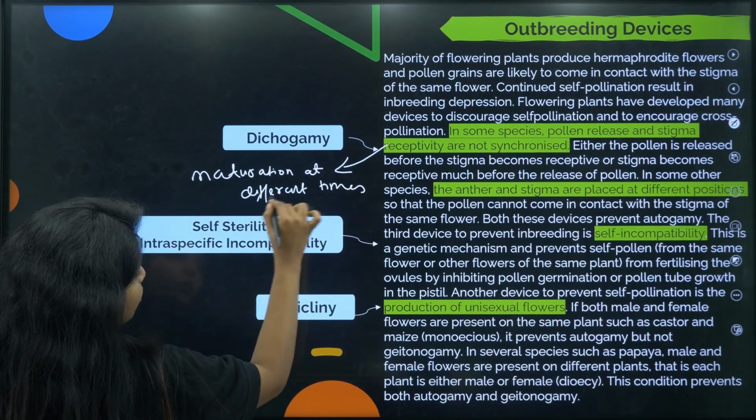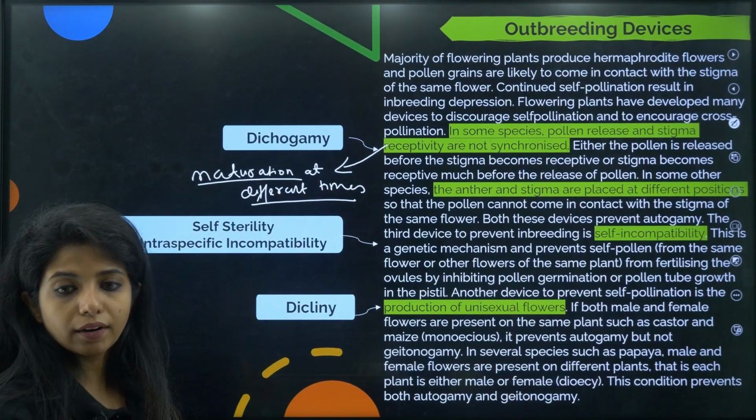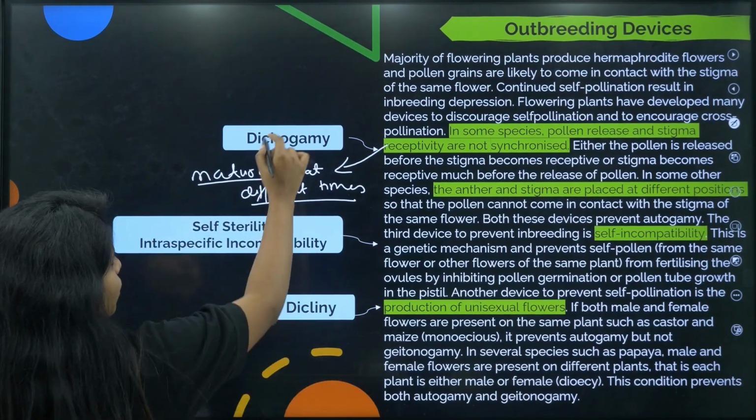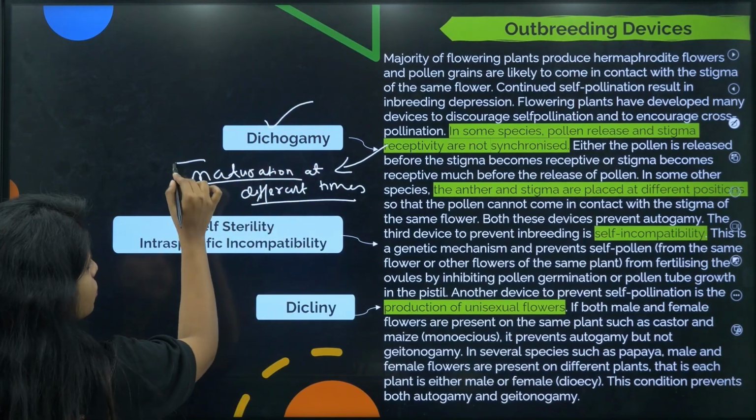This is known as dichogamy. I told you when the male part matures first, it is known as protandry, and if the female matures first, it is known as protogyny. Together you call it dichogamy. If you want to learn it, you can. If you do not want to, just understand this term.